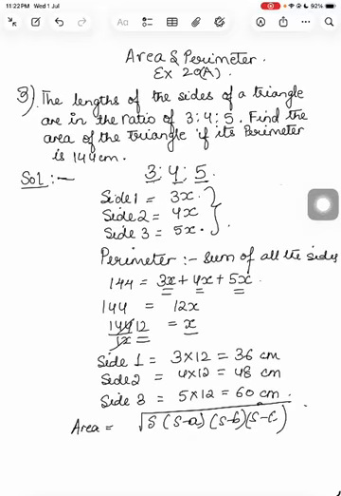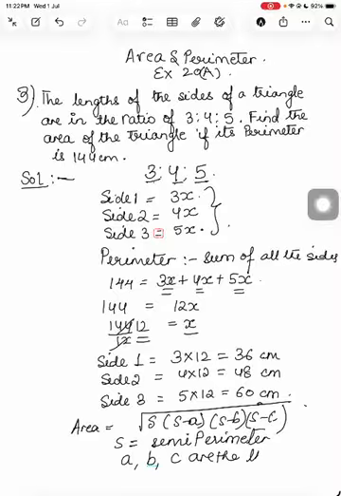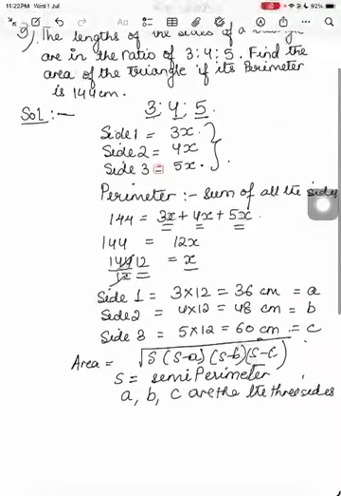So what is S? S is the semi-perimeter, that is, half the perimeter. And A, B, C are the three sides respectively. So here A is 36, B is 48 and C is 60.